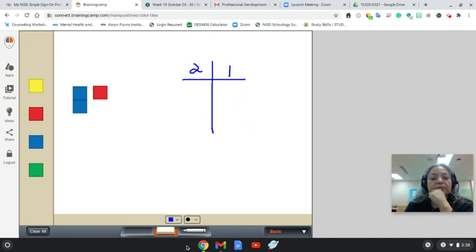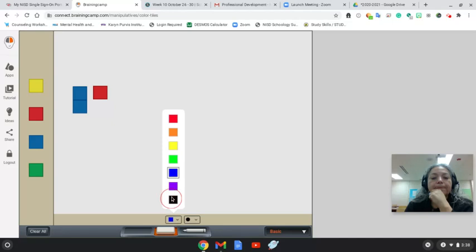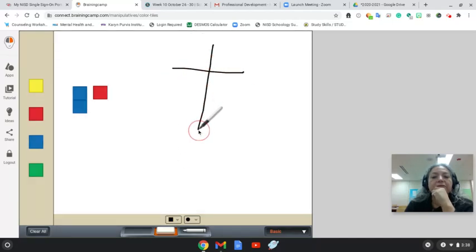Oh, I should have put blue and red. Hold on, let me erase that. Okay, let's do it in black so it won't get confusing. So blue to red, you have 2 to 1.